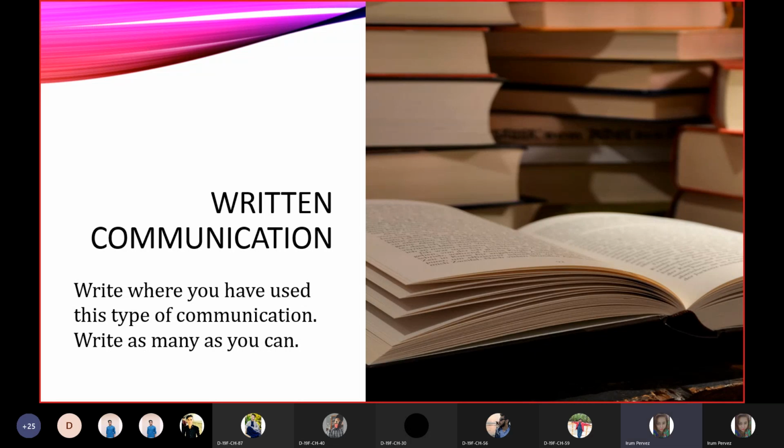Very good. Writing the main points that are mentioned on slides. That's wonderful. WhatsApp, fine. Email, that's great. I want everyone to write where do you use written communication?